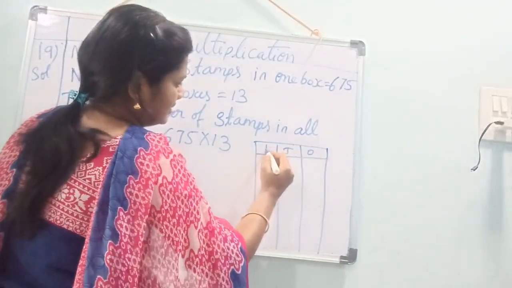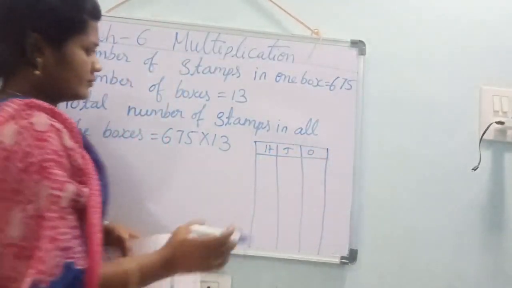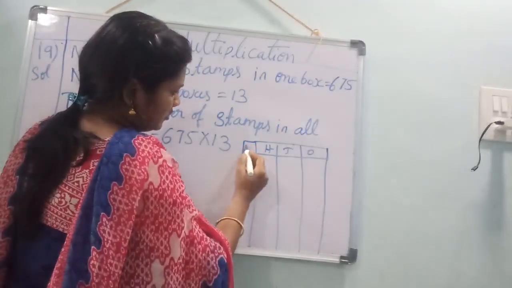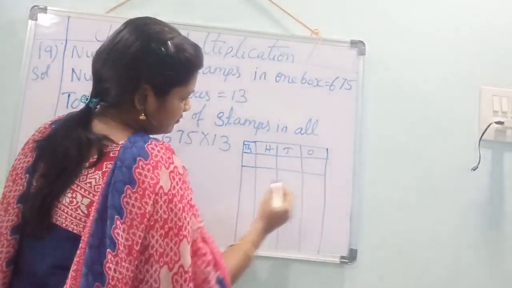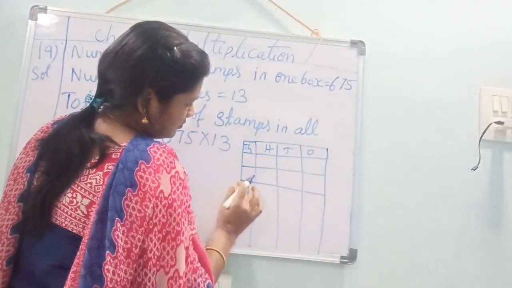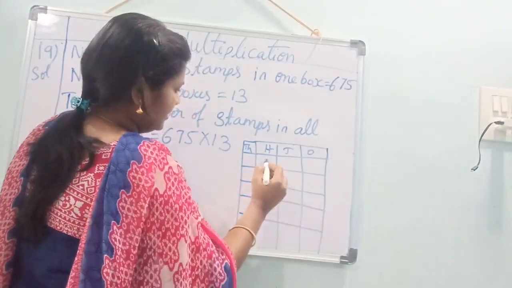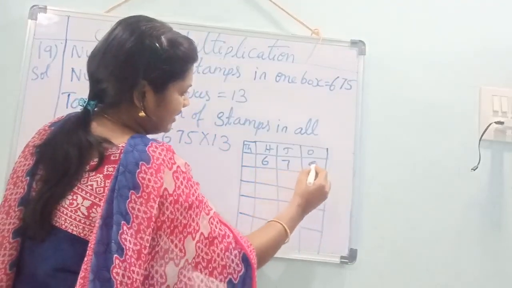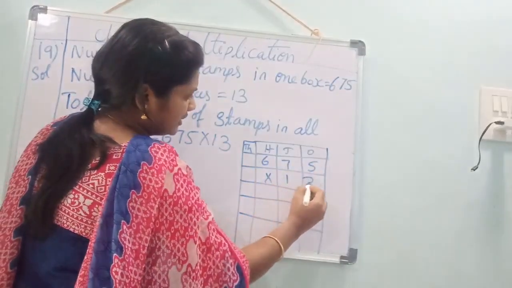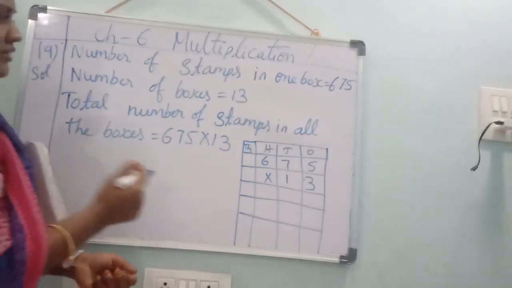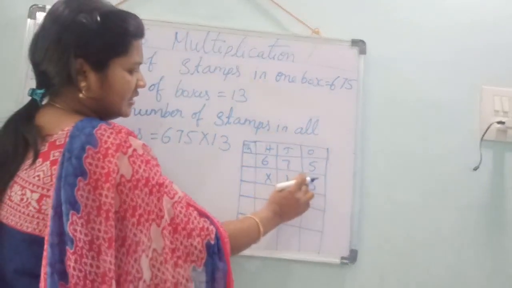Ones, tens, hundreds, thousands. See, 675 into 13. First, what you have to do? In the ones place, which number is here? 3.